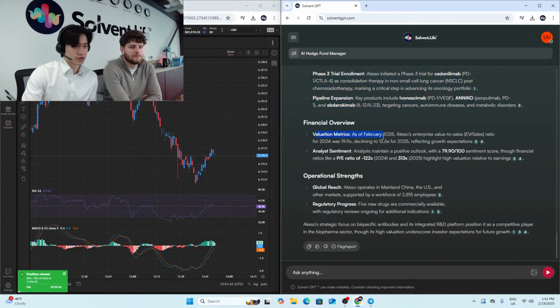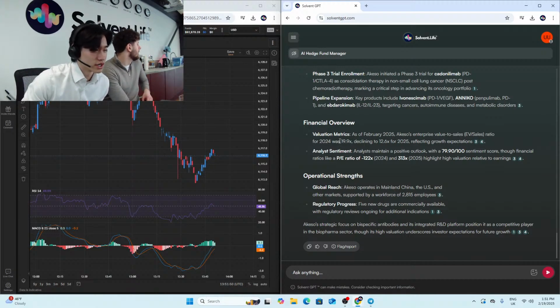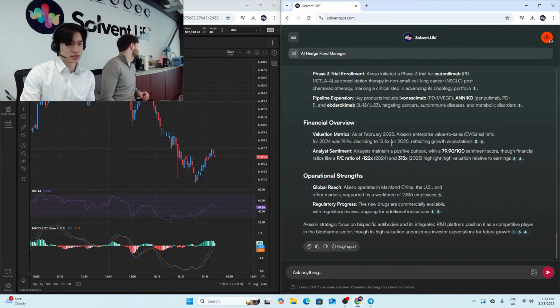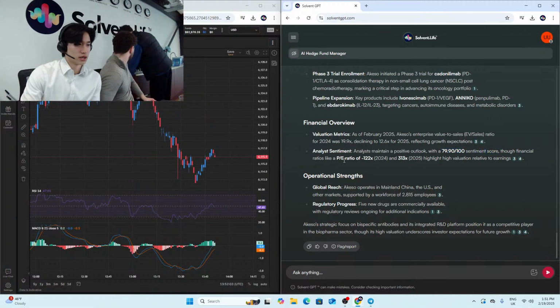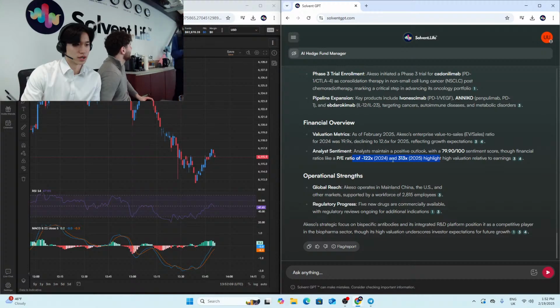Financial overview, valuation metrics as of February 2025. They have a price-to-sales ratio of 19.9x, declining to 12.6x for 2025, reflecting growth expectations. Analyst sentiment, a 79.9 out of 100 sentiment score, with PE ratios of 122x.